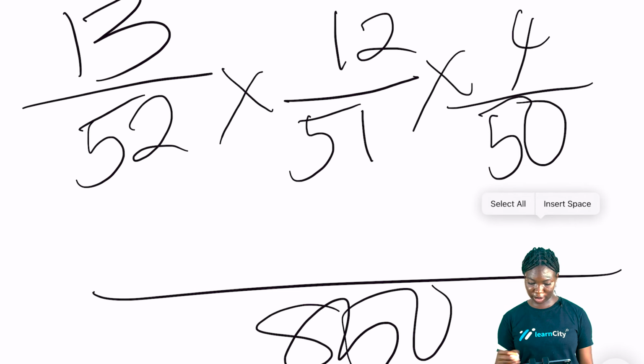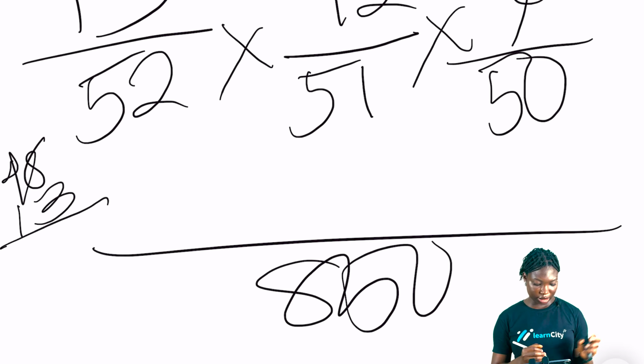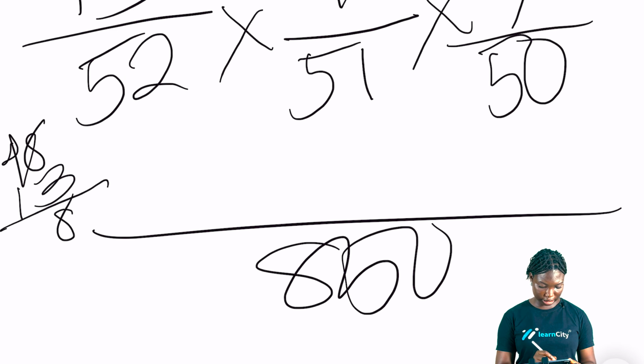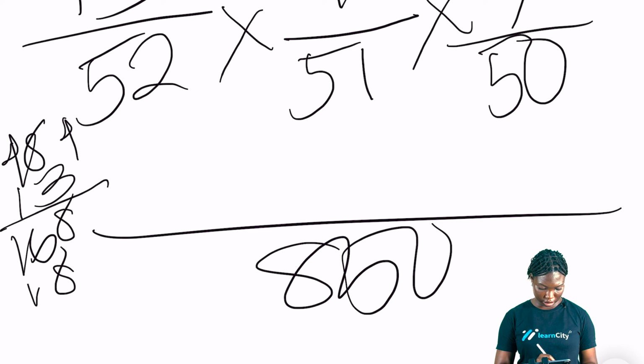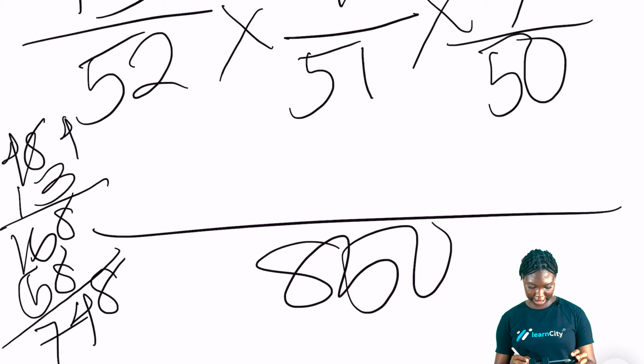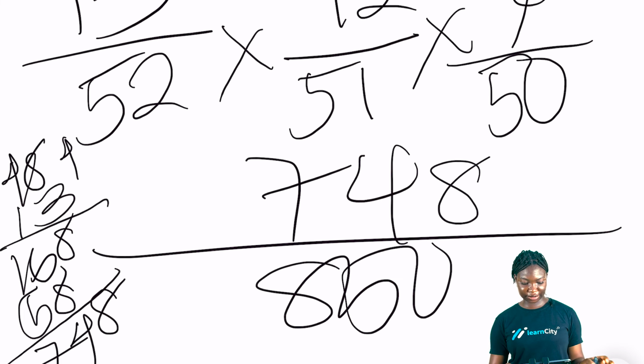This is 48. So we have 48 times 13. So we have 748 over 850.